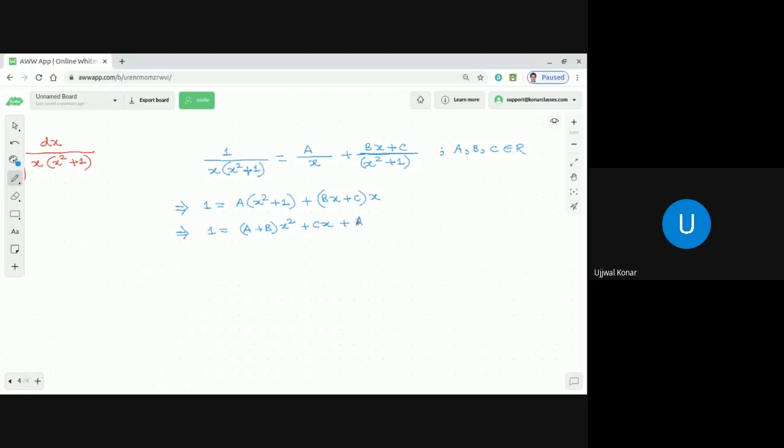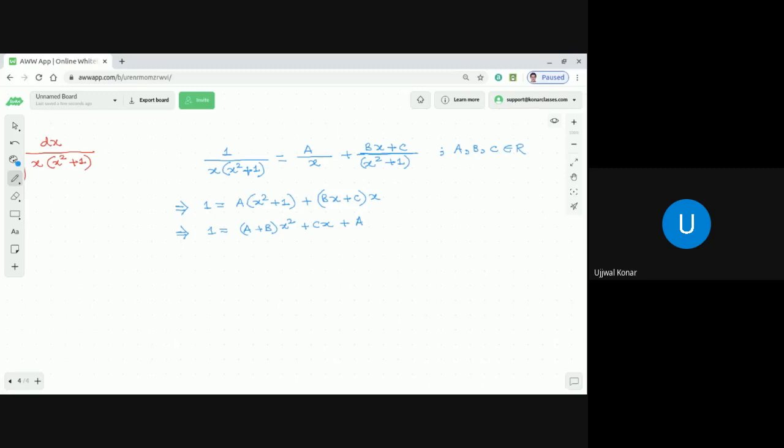All of you agree with me? Anyone has the simplest doubt? Let me know. Now there is a fantastic thing, and why it is fantastic you will understand in a minute. I said it is an identity. 1 equal to a plus b into x square plus cx plus a.